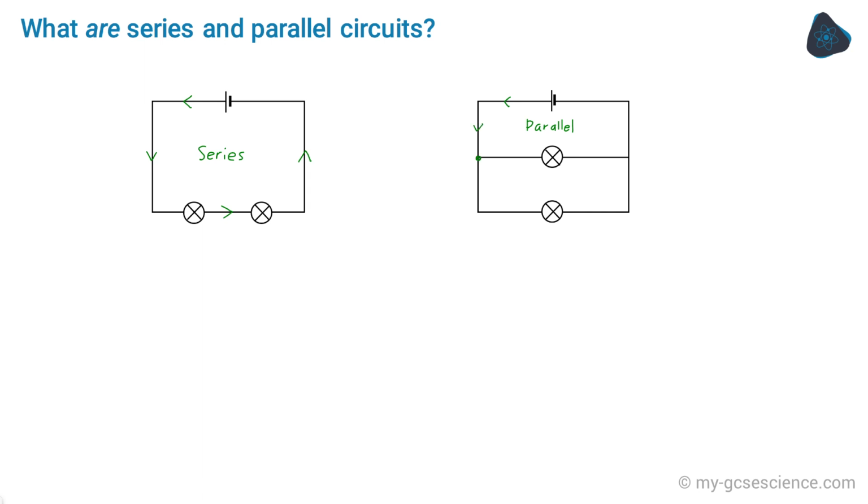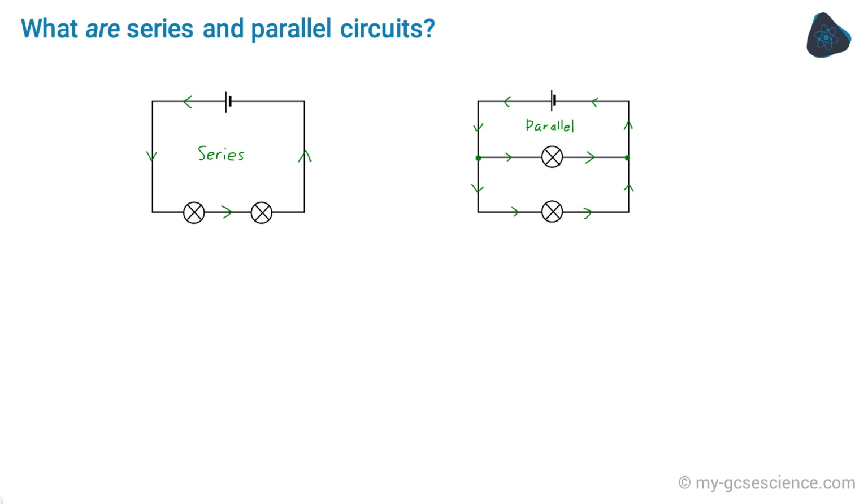When it gets to this point though, something very different happens. Some of the current goes across this path through the top bulb, and the rest of it goes downwards and through the bottom bulb, like so. Both those currents then rejoin at this point and travel back to the negative end of the cell, as shown.